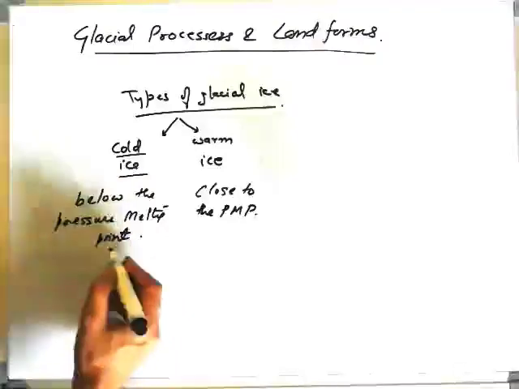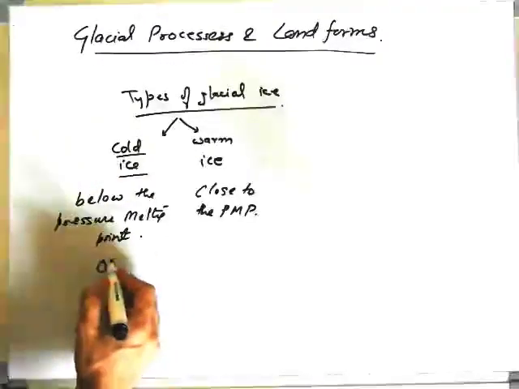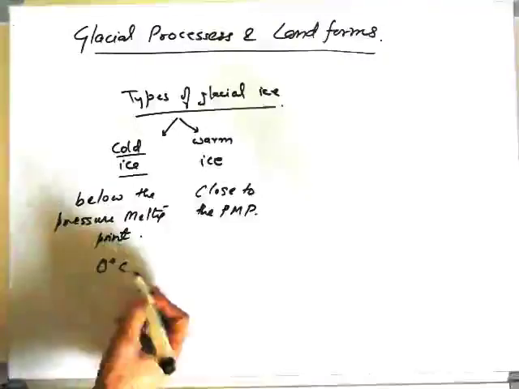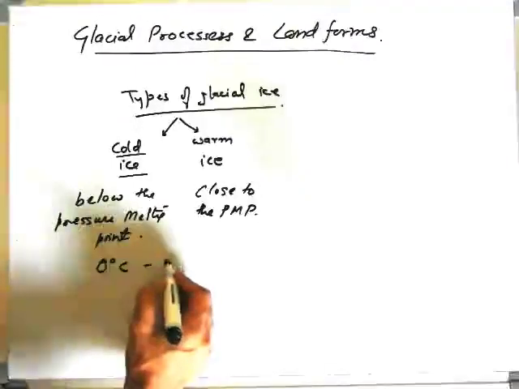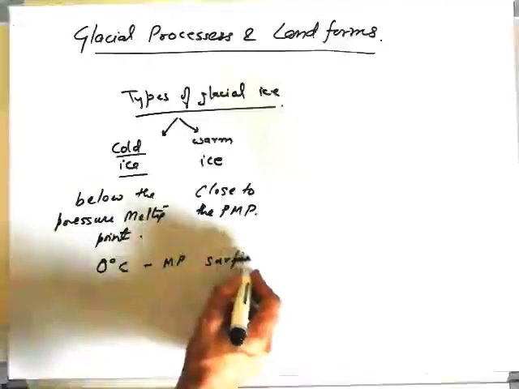The melting temperature of ice at the surface is 0 degrees centigrade. This is the melting point at the surface of Earth.